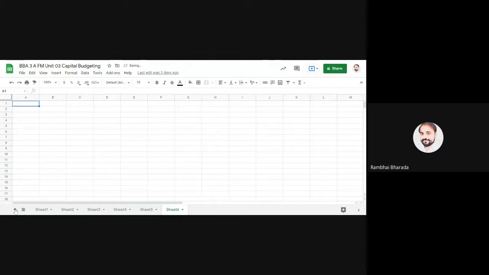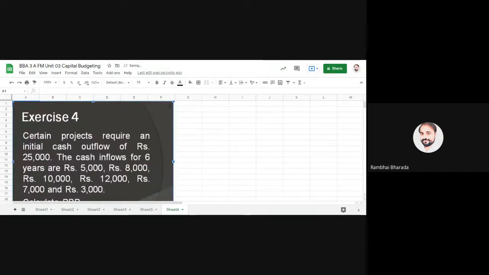See, this is visible to you, everyone. Exercise number 4. A certain project requires an initial cash outflow of 25,000. Here, project means investments. So, if we want to invest any amount, it will require 25,000 rupees initially.